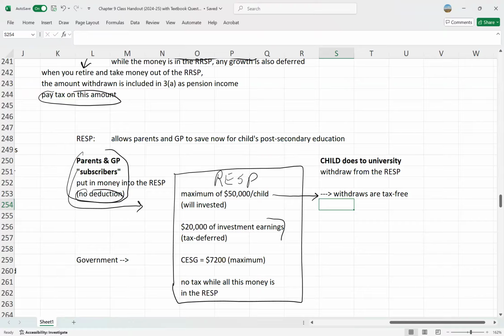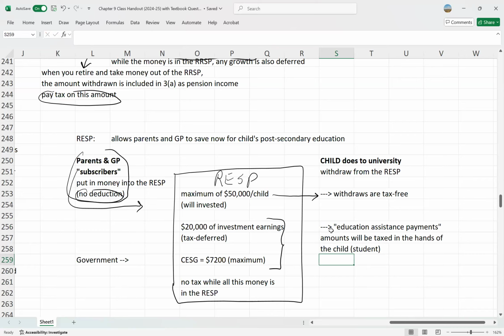But if they take money out of these two amounts, that was never taxed, the $20,000 and or the $7,200, those withdrawals are known as education assistance payments. And these amounts will be taxed in the hands of the child, basically the student now.